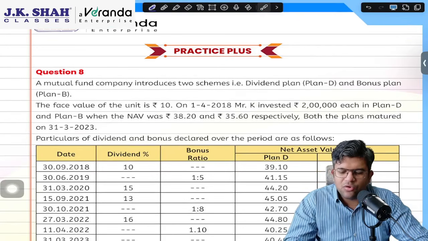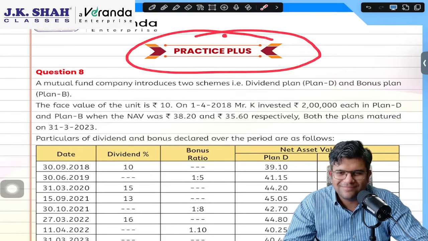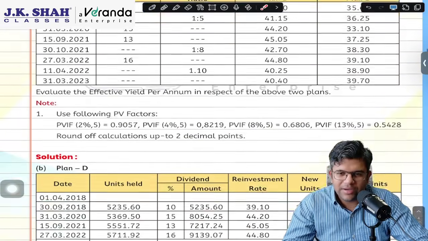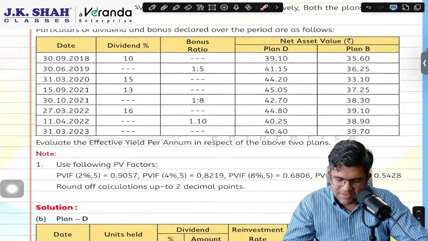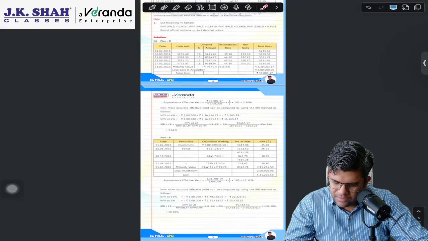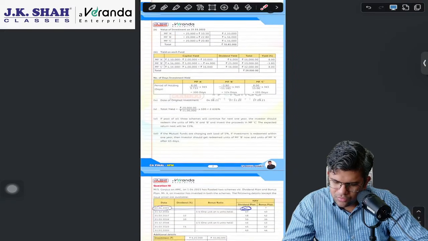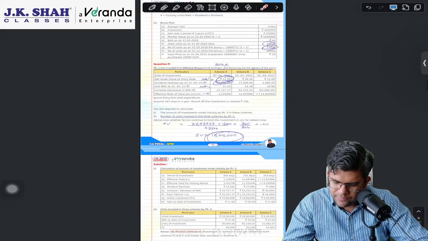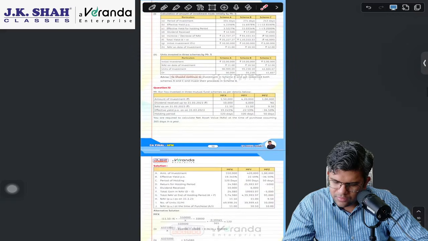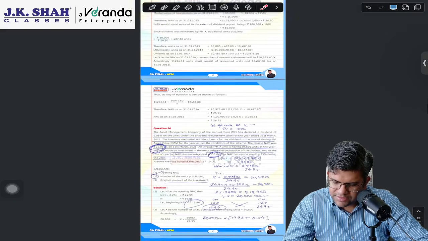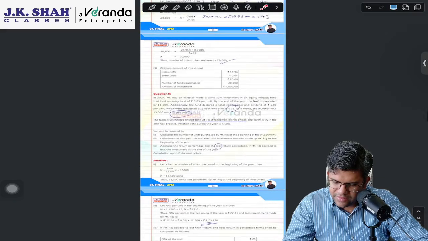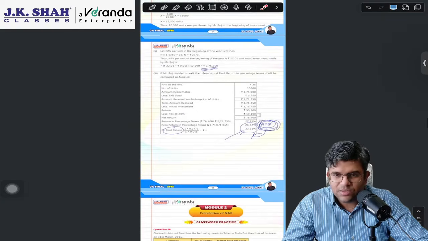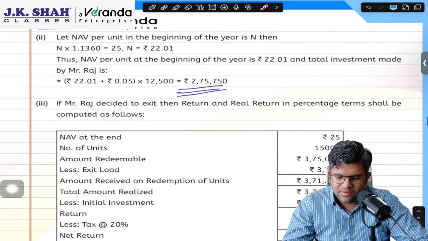Students, now you know what is your task at hand. Will you commit that you will do it? How many sums are there? 1, 2, 3, 4, 5, 6, 7, 8. Students, 8 sums, which I want you to practice.